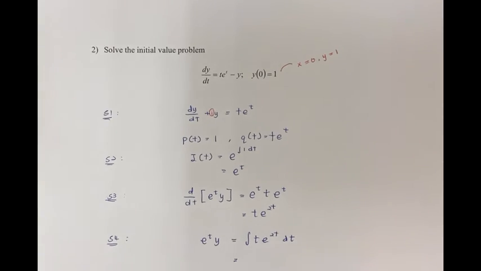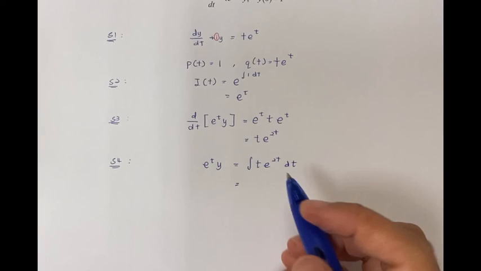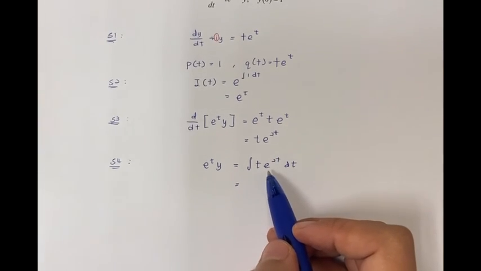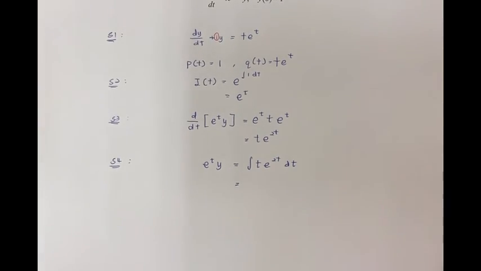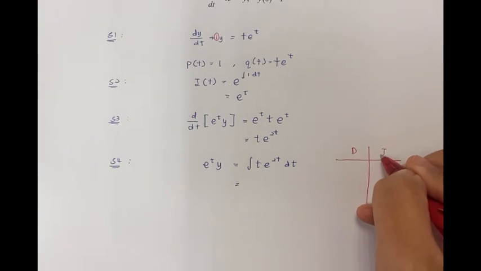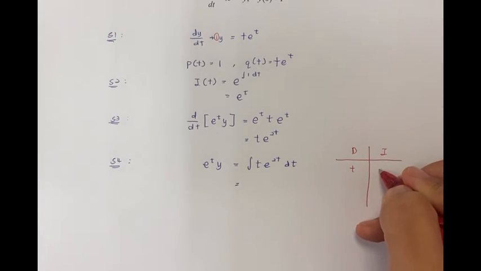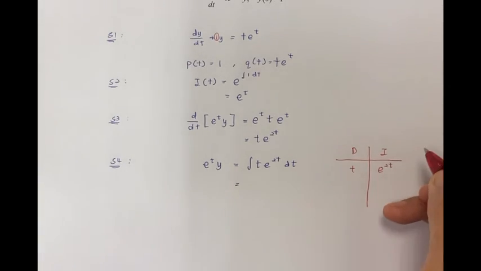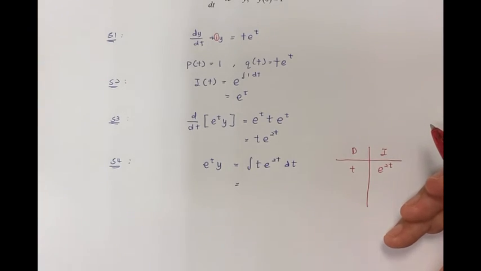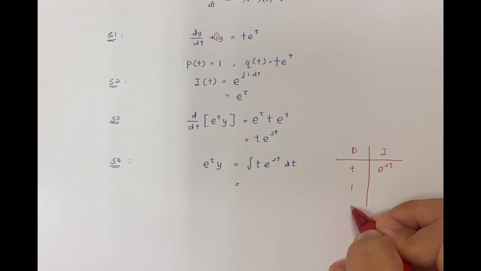Now how to solve the integration of a product of t and e^(2t)? For this one, you need to know how to do the tabular method. For the tabular method, you have a differentiation part and an integration part. So t will always be on the differentiation part, while e^(2t) is always on the integration part. Do the differentiation until you get 0, so 1 and then 0.